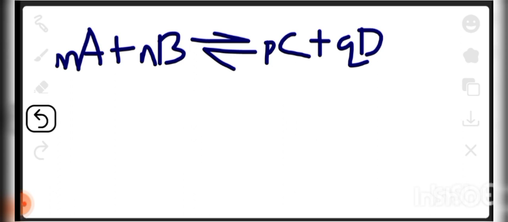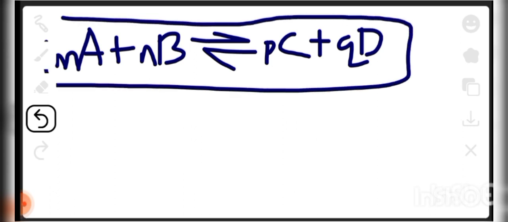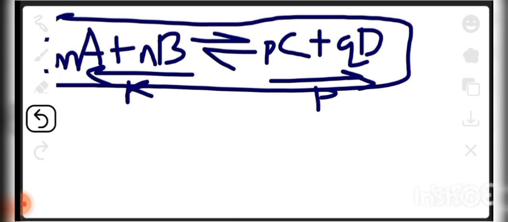Now, for a given chemical reaction at equilibrium of this nature, you're seeing the arithmetic product of the terms in the product. Remember, this side is the product, while this side is the what? Reactant.